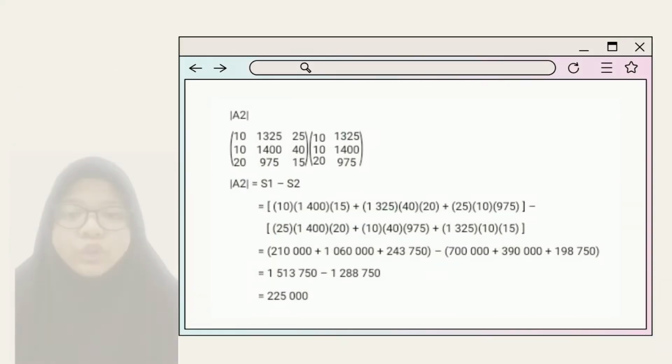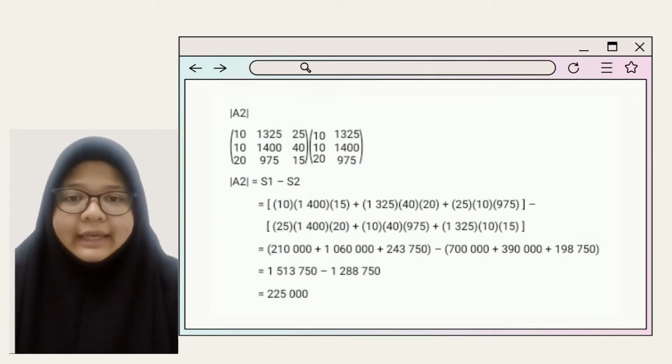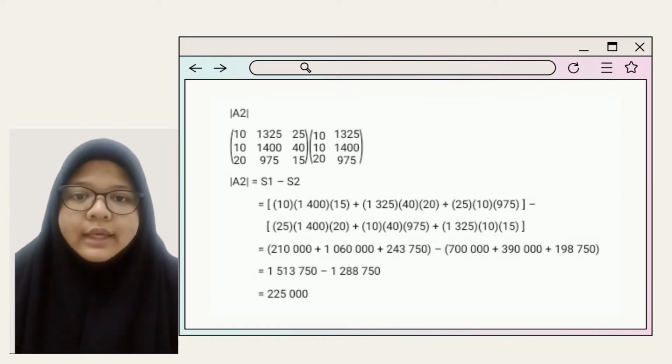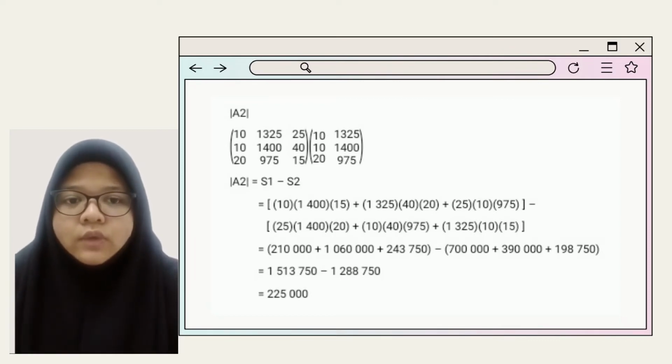To solve this problem, we'll denote X as the peach coloured scarf, Y as the black coloured scarf, and Z as the white coloured scarf. Then we'll transform the linear equations into matrix form: 10, 30, 25, 10, 15, 40, 20, 20, 15, times X, Y, Z, equals 1,325, 1,400 and 975.